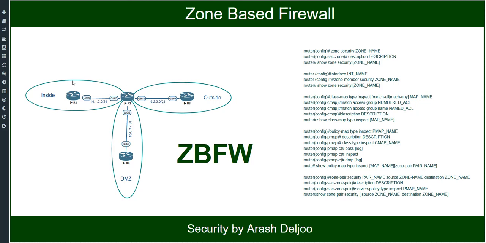Zone pair means to which zones we want to apply this traffic. For example, when traffic is going from inside to outside zone, we want to apply this policy. Because of that, we should configure the zone pair security, which has the source of inside and the destination of outside, and after that we can apply our policy.